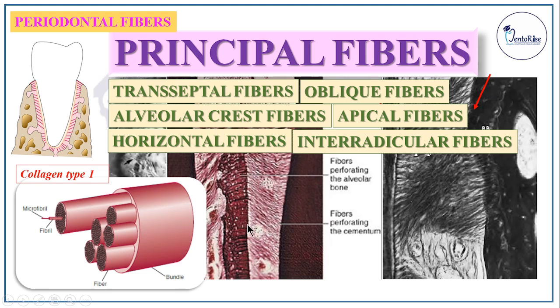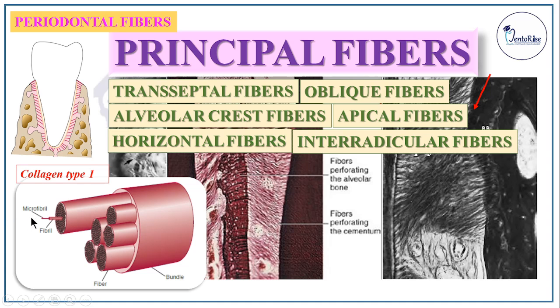Now, as we said, principal fibers are collagenous fibers. Particularly, the principal fibers are made up of type 1 collagen. There are 19 types of collagen which have been identified, out of which principal fibers are mainly composed of type 1 collagen. To elaborate further, collagen formation takes place in the fibroblast to form tropocollagen molecules.